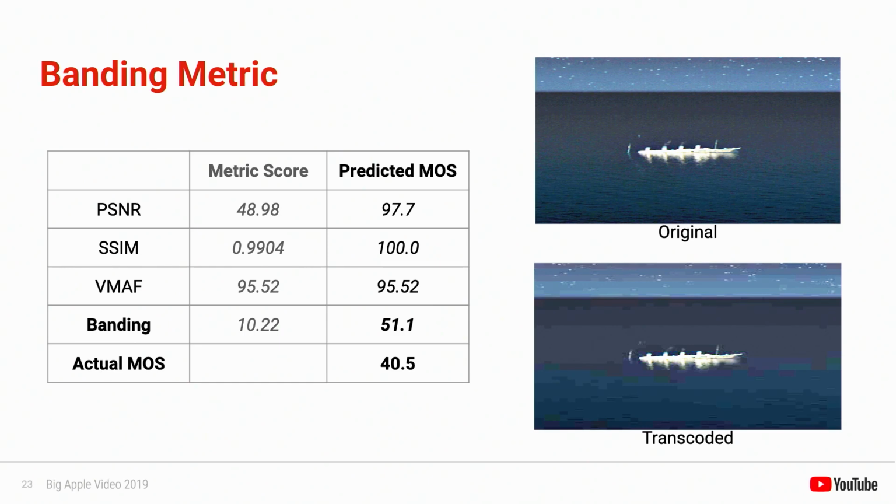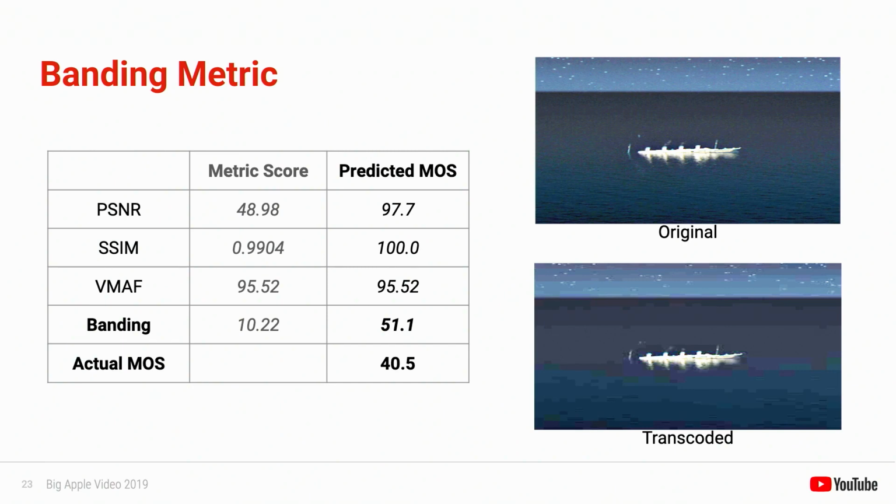As you can see in the chart on the left, we've computed PSNR, SSIM, and VMAF scores, comparing the original video to the transcoded video. And in all 3 cases, we converted those raw scores into predicted mean opinion scores. And all 3 of those reference-based metrics gave us very high predicted mean opinion scores, between 95 and 100 on a scale from 0 to 100.